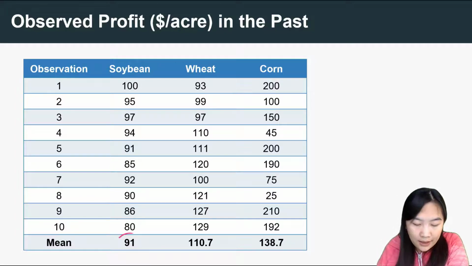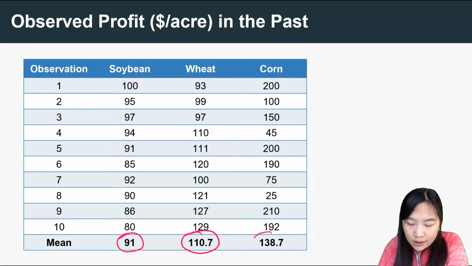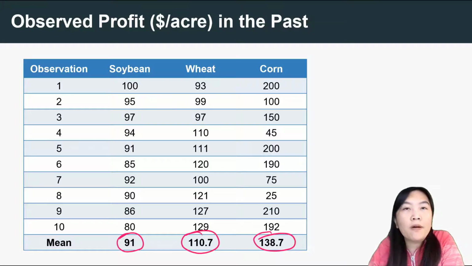So instead, it just assumes that the profit is the average or the mean of the profit for the 10 years in the past. Here, again, we're assuming the farmer is allocating the same probability for each of those 10 periods.